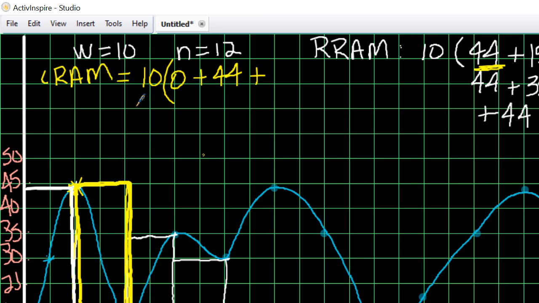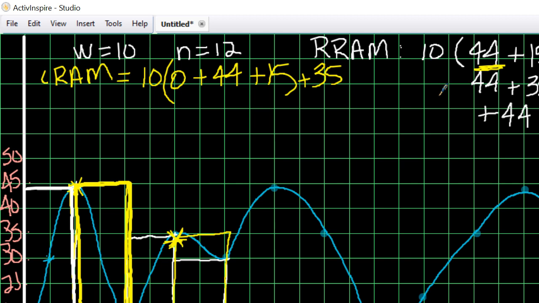So I'm going to go all the way through this same thing. So 44, 15. And now this height, start at the left. Plus 35. And so I will continue on this path, adding all these together.